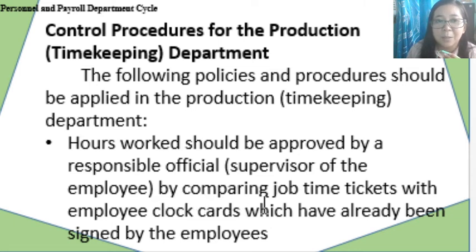So this will be compared to the job time tickets with the employee clock cards, which have already been signed by the employees. It should be signed by the employees and their supervisors at the same time. So that's how it is for the production or timekeeping department.